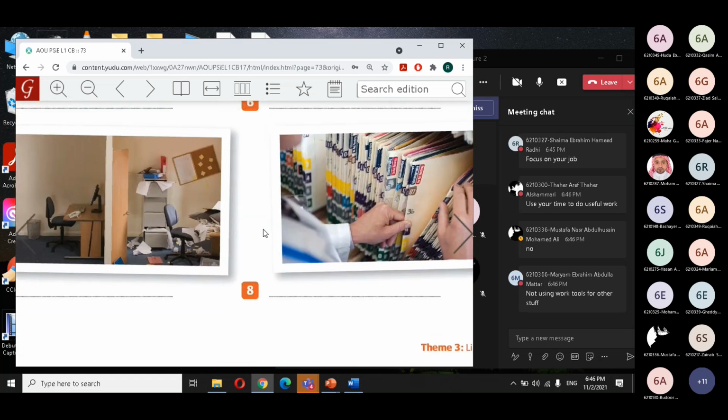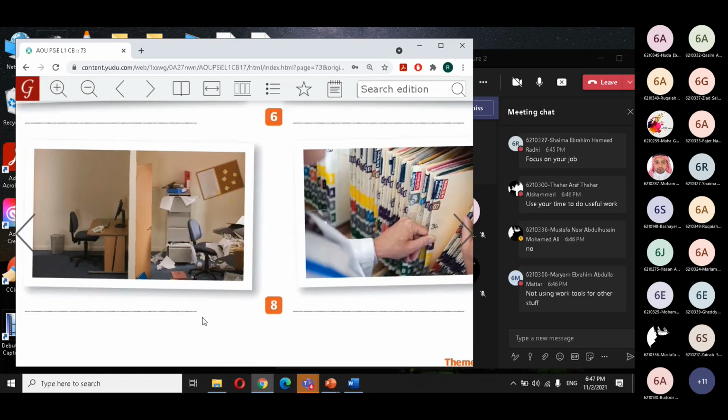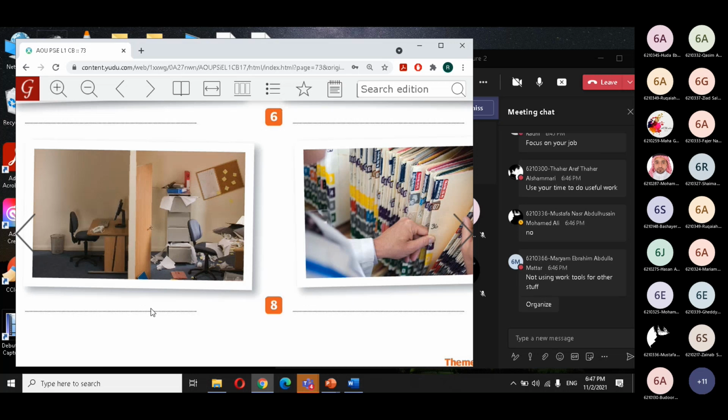Okay, the last two pictures. You have to organize your office. Excellent. Look here. These are two pictures.